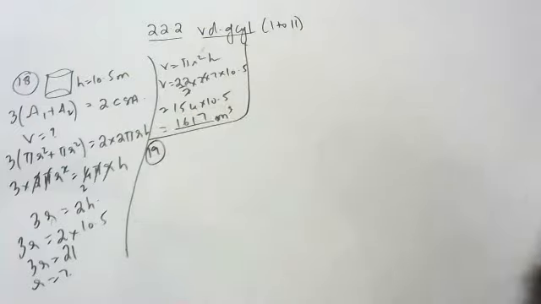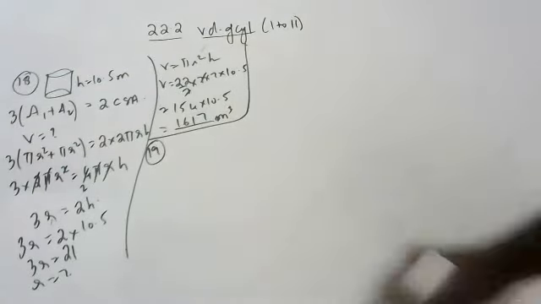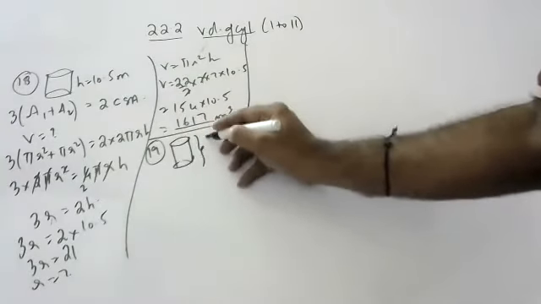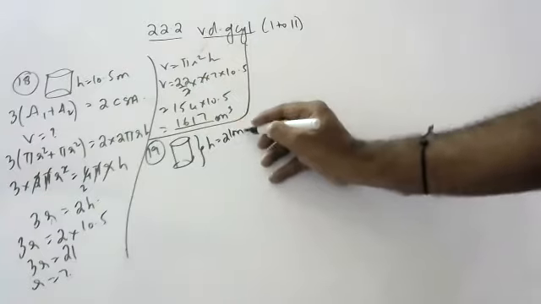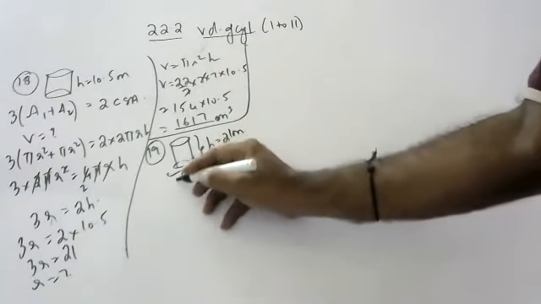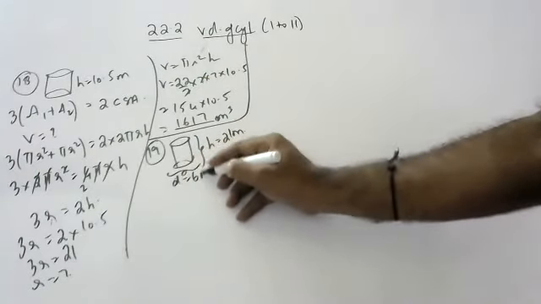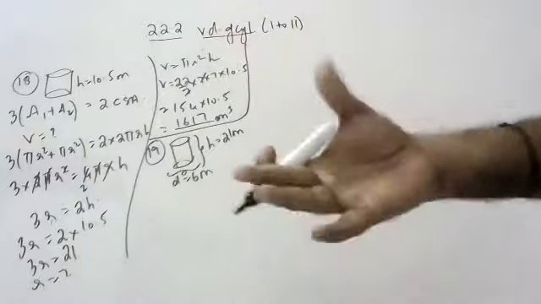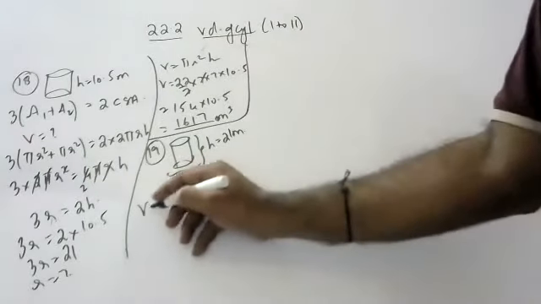Next, Pravalika, your chance. Nineteenth sum. How many cubic meters of earth must be dug out to sink a well of 21 meter depth? Height is 21 meter and diameter is 6 meter. If you dig this, how much earth will come? Means you have to find the volume indirectly.